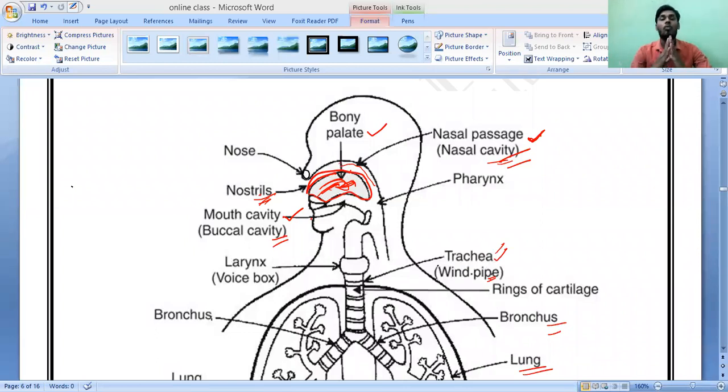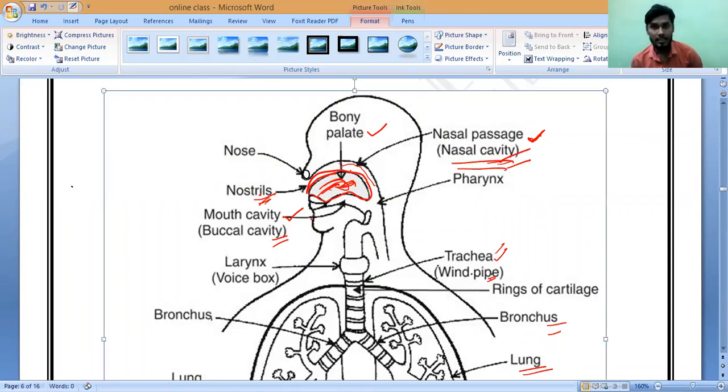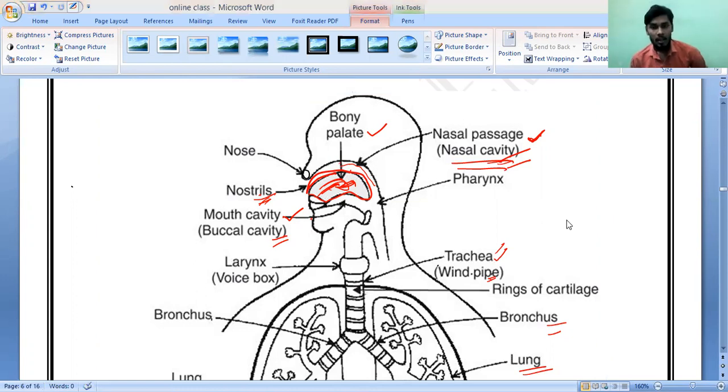So whatever air is present in the atmosphere is drawn into our body through the nostrils. Once the air enters the nostrils, where does it go? It goes into the second part, the nasal passage, the nasal cavity. That is what you should remember.